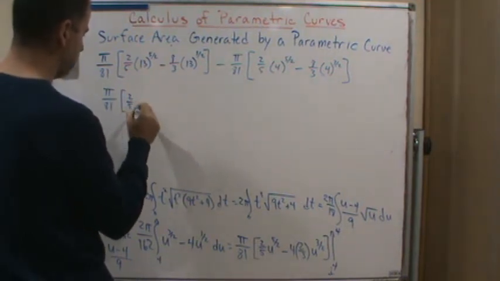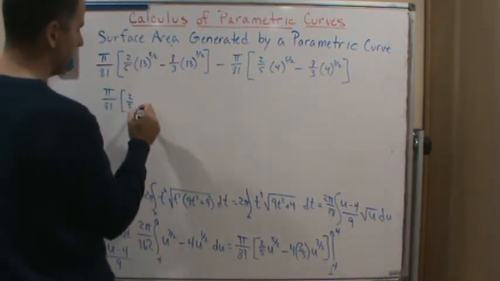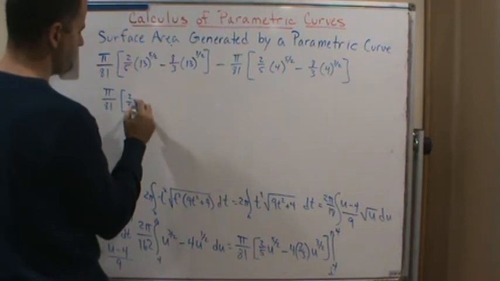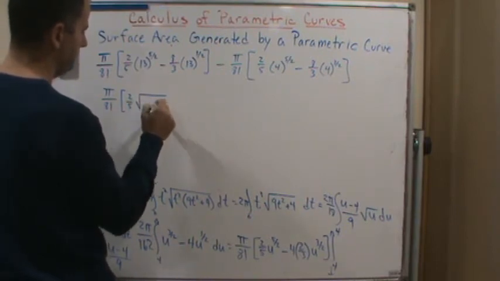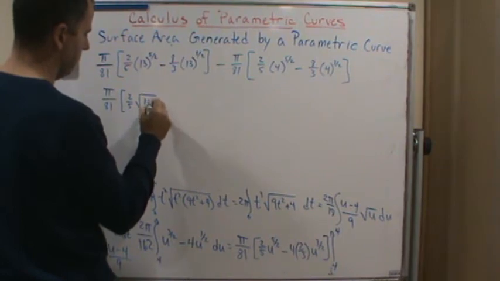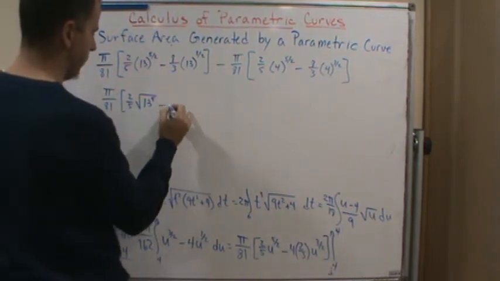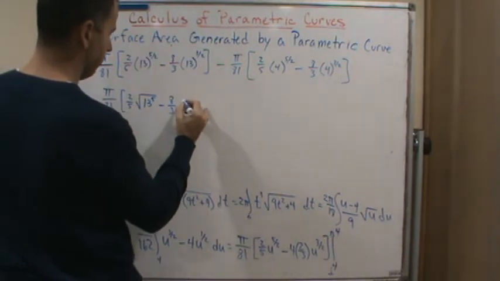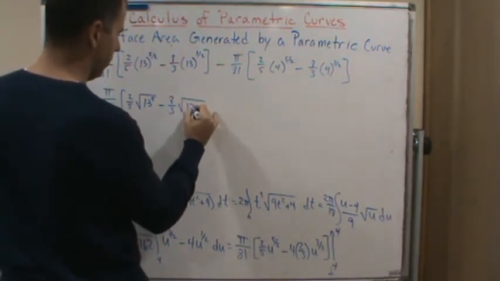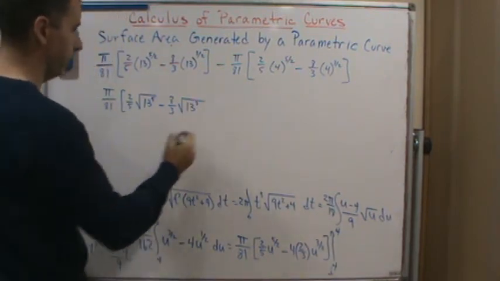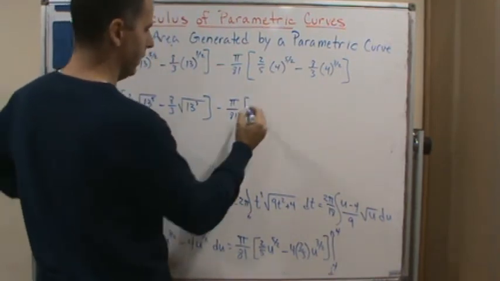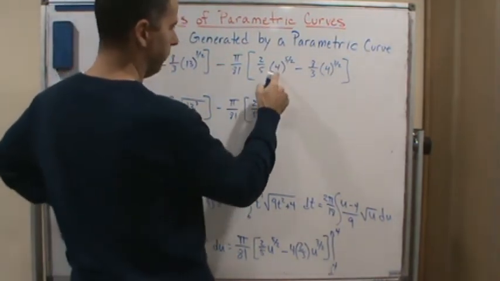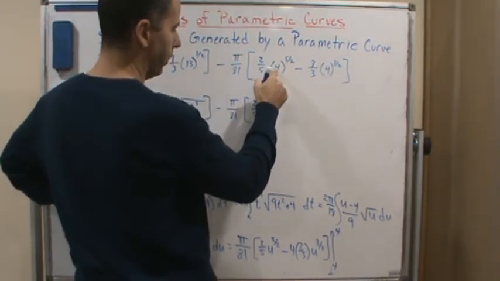So this is going to be 2/5 times the square root of 13 to the 5th, minus 8/3 times the square root of 13 to the 3rd, minus pi over 81 times, now this one's going to be easier because of the 4, I can take the square root of 4, right?